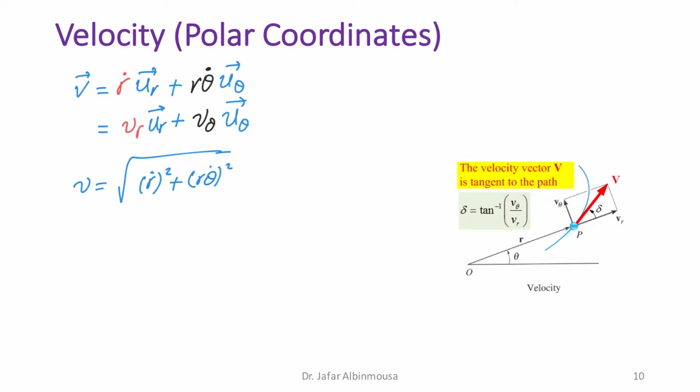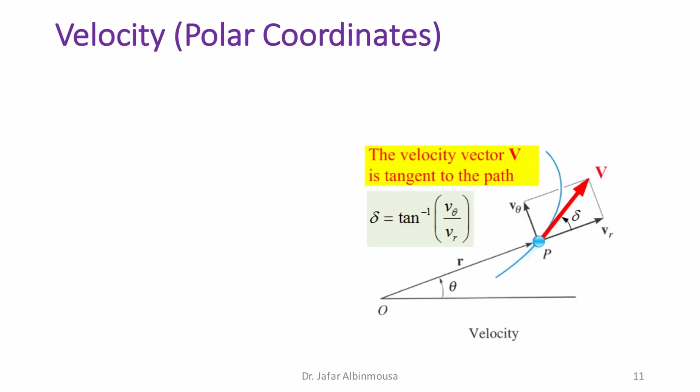If you look carefully over here, the angle delta, which is the tan inverse of v theta divided by vr, is the angle measured from the radial component to the total component. So if you want to measure the direction of the velocity, it's basically theta plus delta.